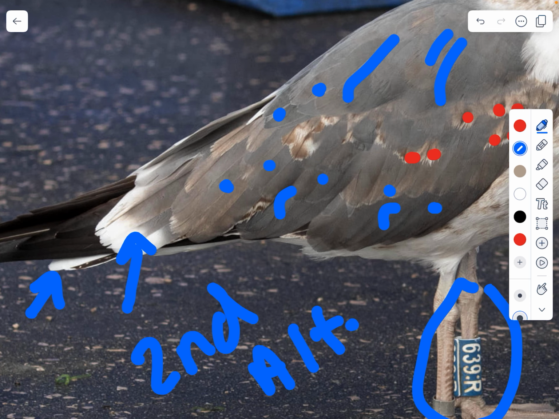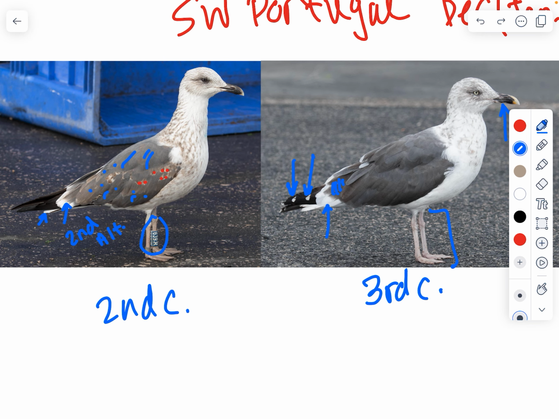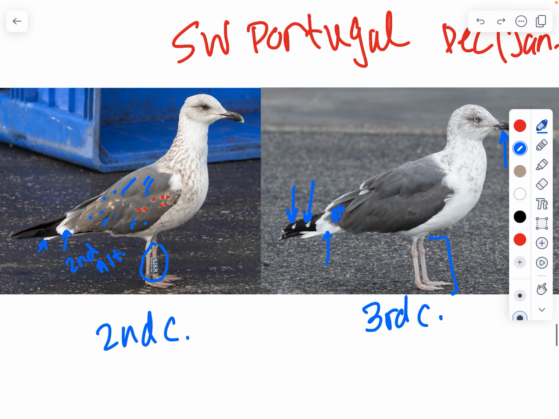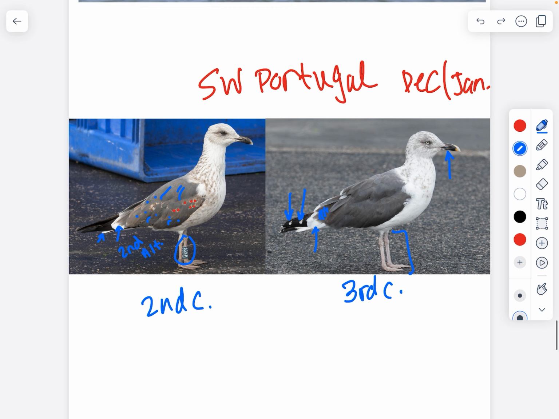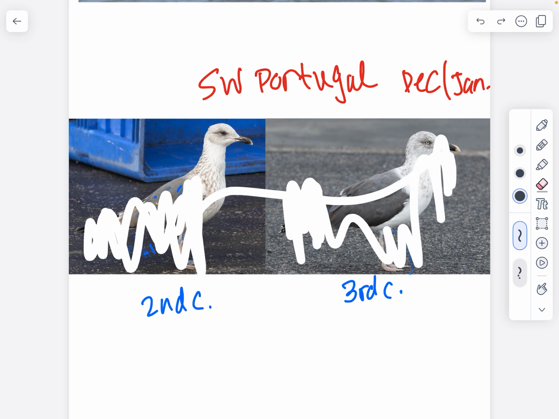And looking very closely, you can even see some older greater coverts here, those barred second basic greater coverts. With a bird like this, it's always fun to see the open wing and make sure the inner primaries are not adult-like. I'm going to erase all these markings here and just take these individuals in again.